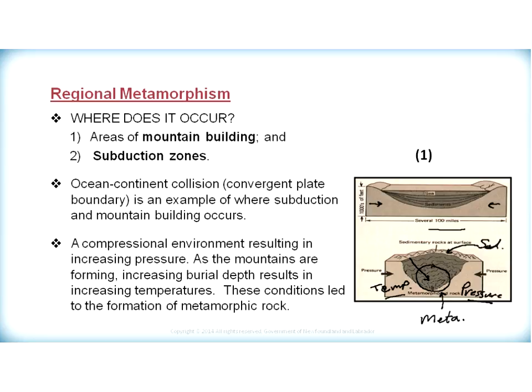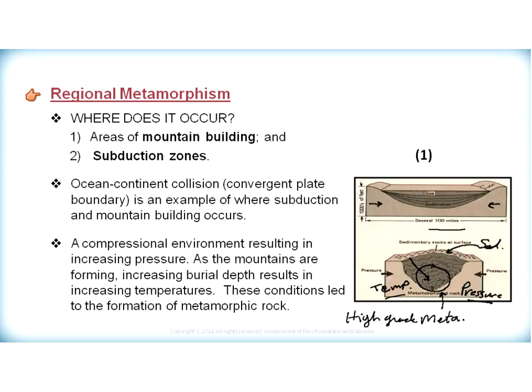Therefore, the interior of a collision boundary will be open to high-grade metamorphism. High-grade metamorphism is seen where you have collision boundaries, and is prone to the formation of regional metamorphism.